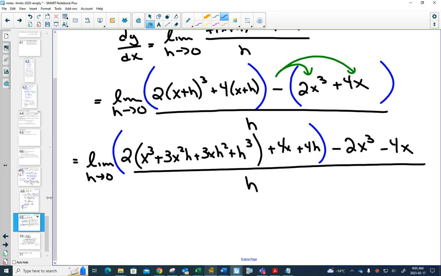Okay. And now the nice things start happening. I want you to notice that the 4x is going to cancel out with 4x. And when I multiply this 2 by this x cubed, it will cancel out with that. So what do we have left?